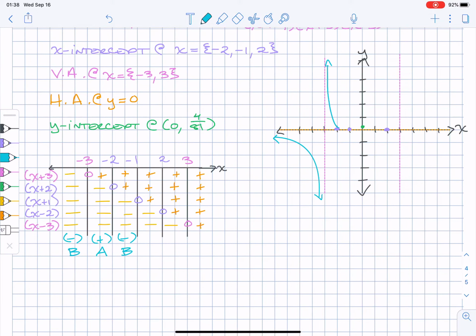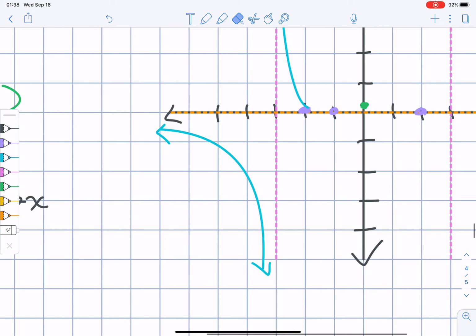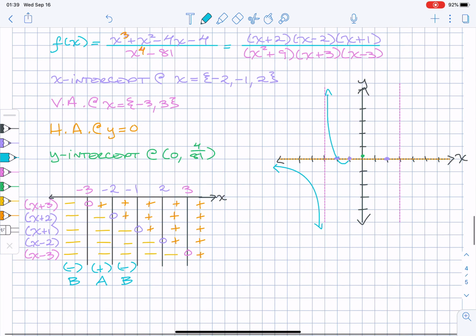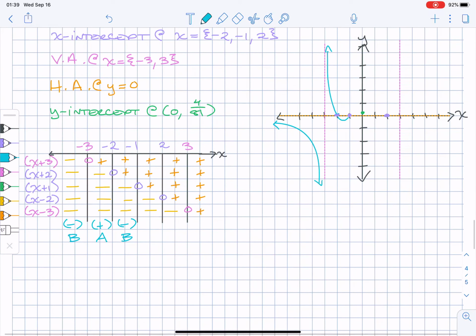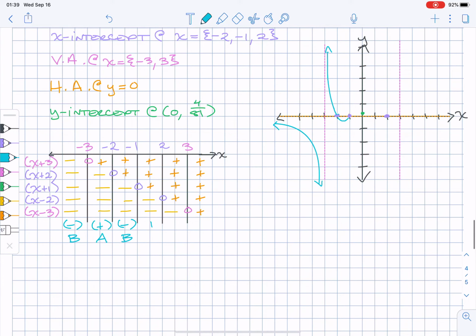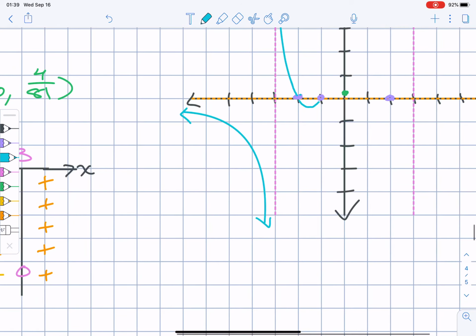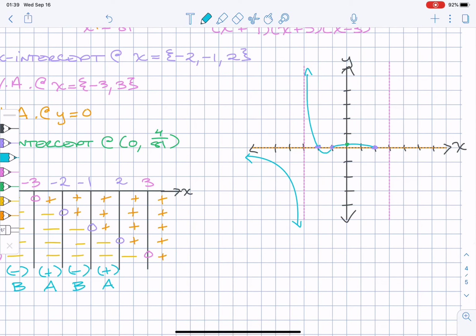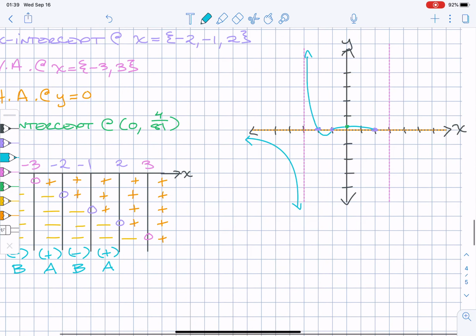Let me try and make this a bit better. Okay. Then between 1 and 2, 2 negatives make a positive, so my graph lies above the x-axis. So it looks like it does something like so. Very shallow, which means that the previous guy probably is more shallow.